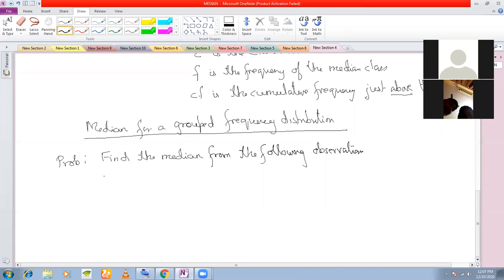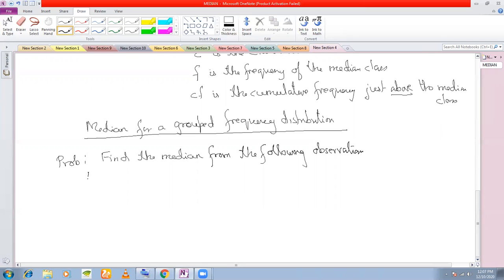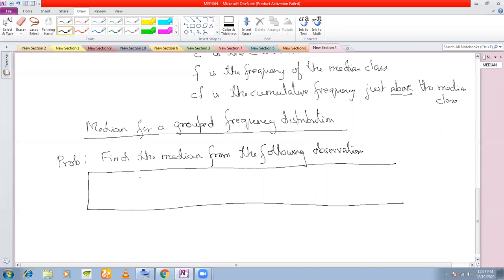Observations here are age in years and number of males in lakhs.